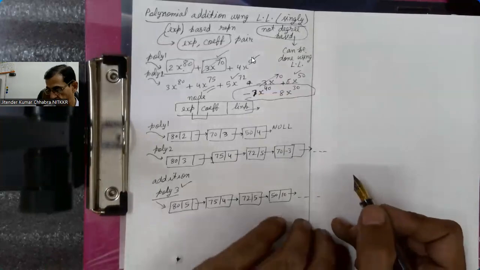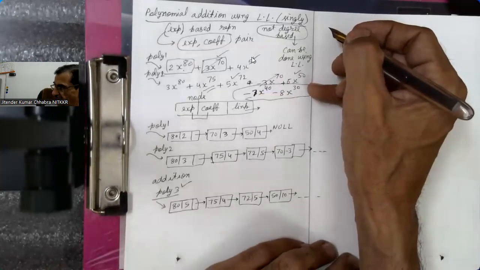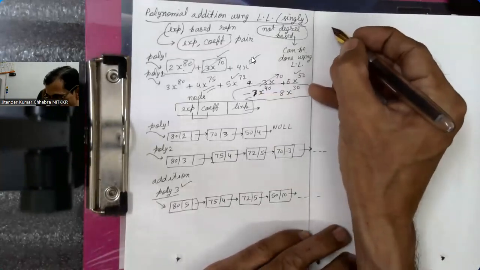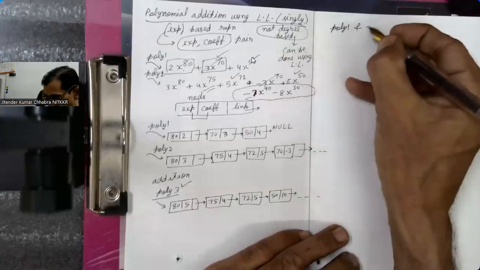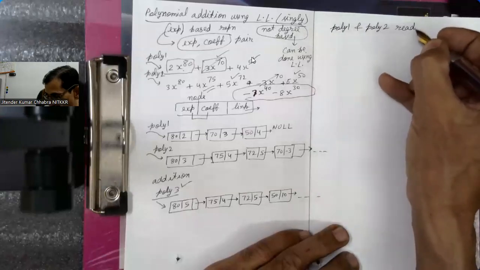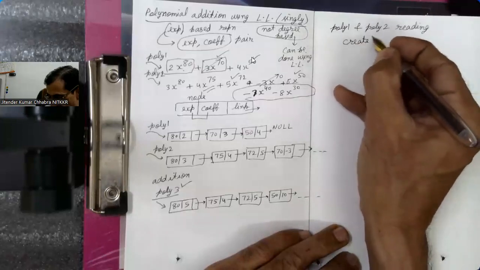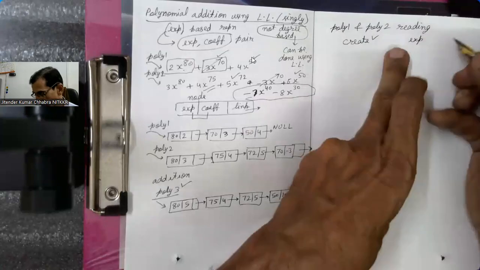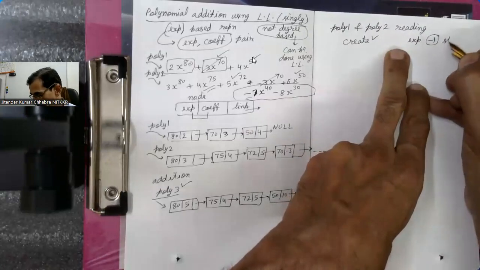Implement this. Programming is nothing different from what we have done earlier. First, I have to create poly 1 and poly 2, that is, reading. For this we already have the create function, so let's reuse that. If you give exponent as -1, it will mean stop reading.